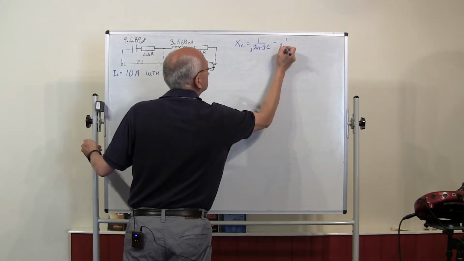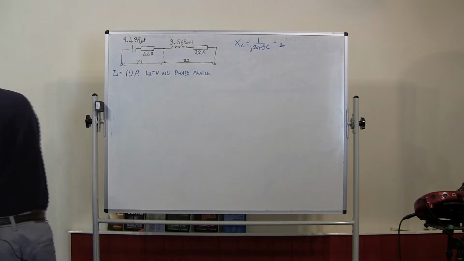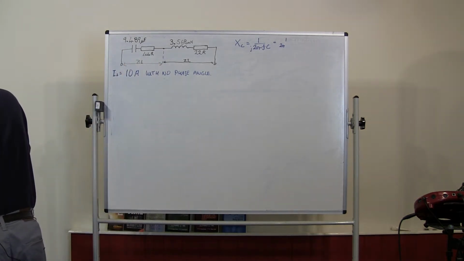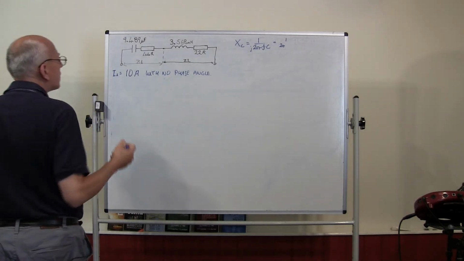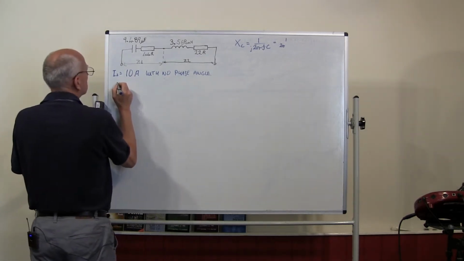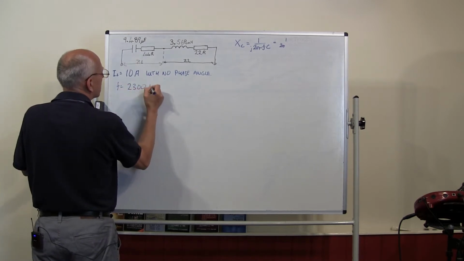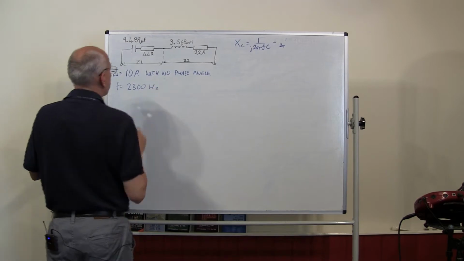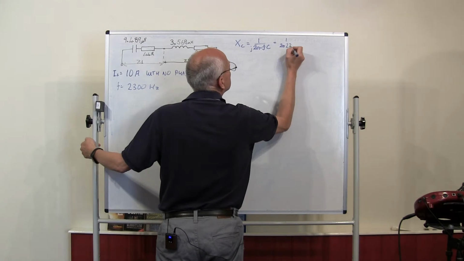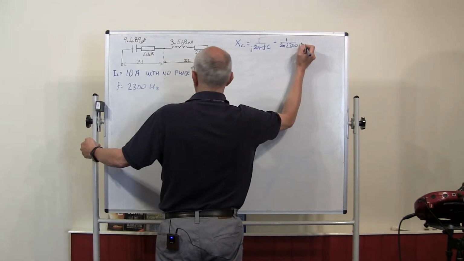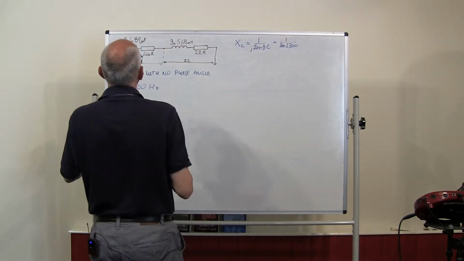So 2 pi, frequency is, I forgot to write that on there, is 2,300 hertz. Okay, 2.3 kilohertz. So times 2,300 times the capacitance, which is 9.489.